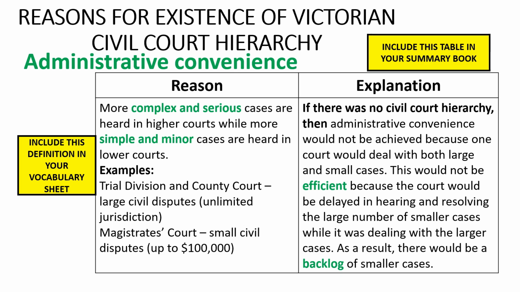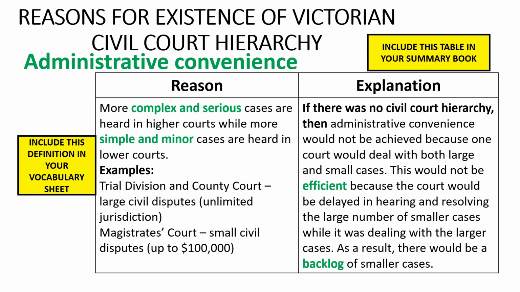Whereas the lower courts, such as the Magistrates' Court, deal with cases that are likely to take a shorter time to resolve because those cases are simpler and more minor. That is, they are small cases. This is administratively convenient because if both large cases and small cases were dealt with by the same court, then the large cases would hold up the resolution of the small cases and so create a backlog in these small cases.